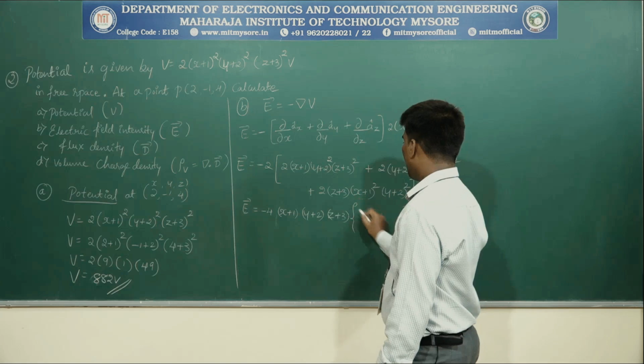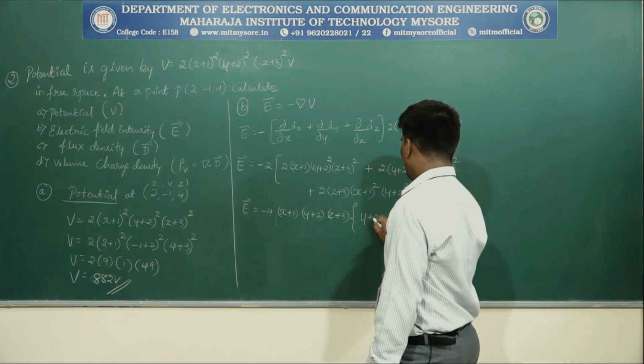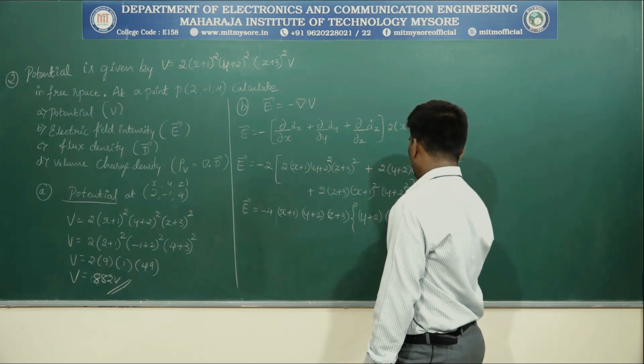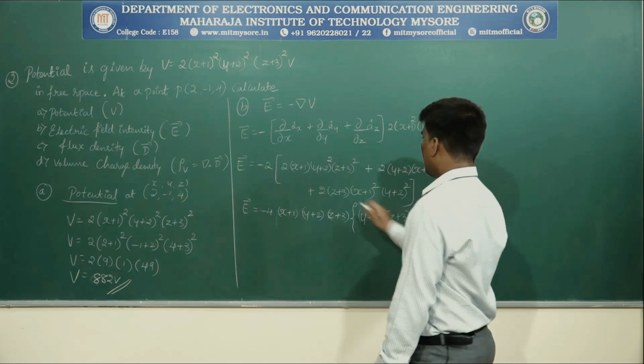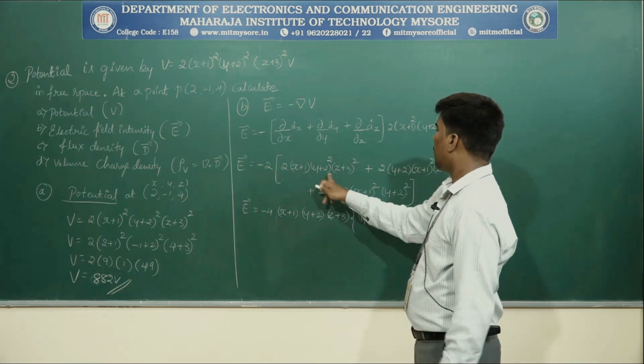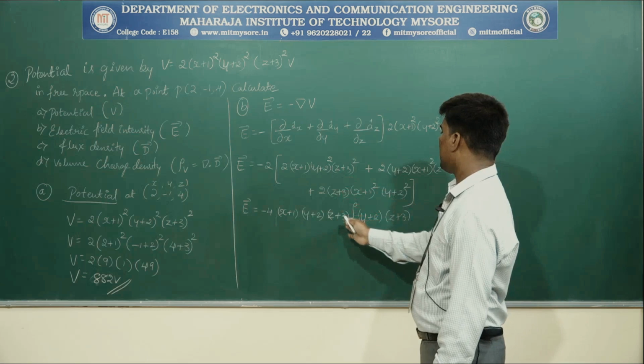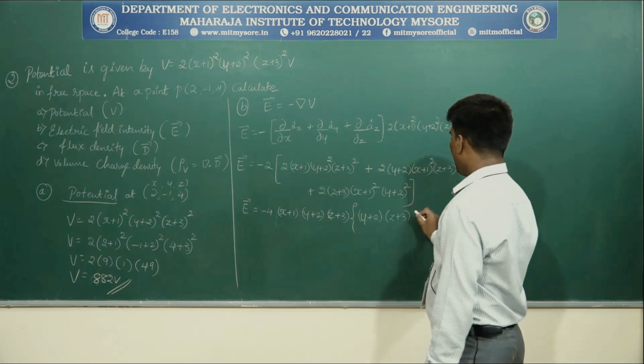Then we are left with (y+2)(z+3). Here (x+1), (y+2), (z+3) is taken outside, we are left with this quantity.